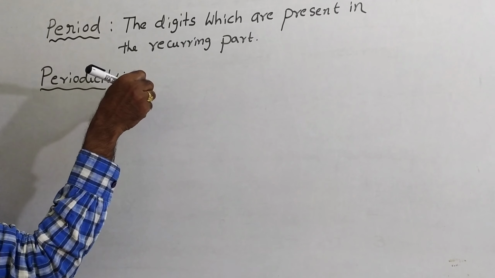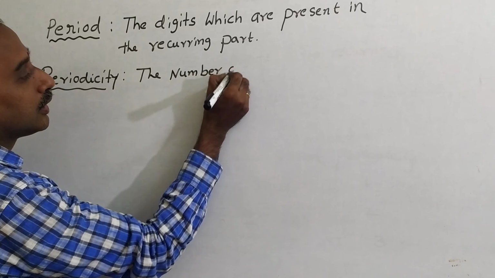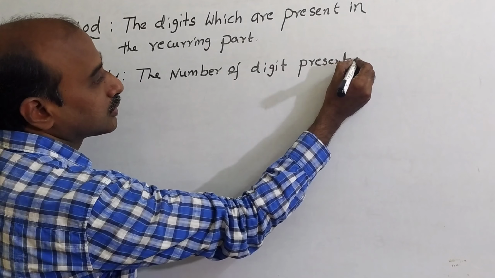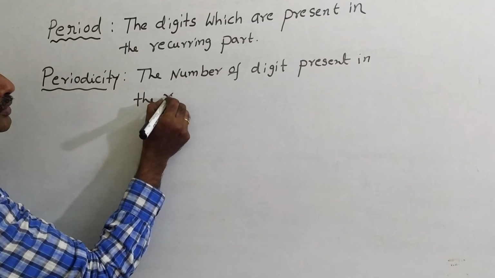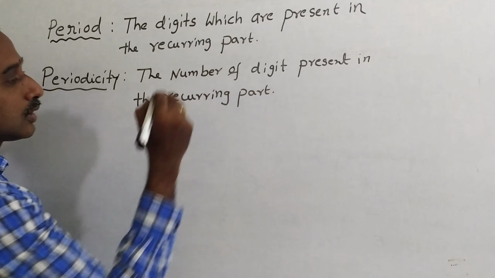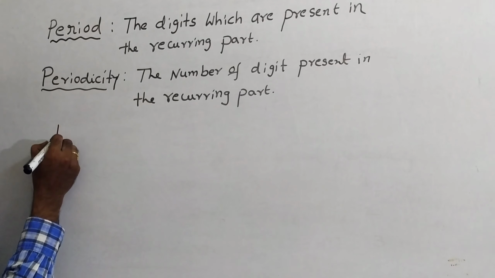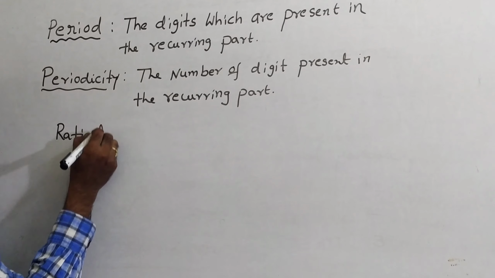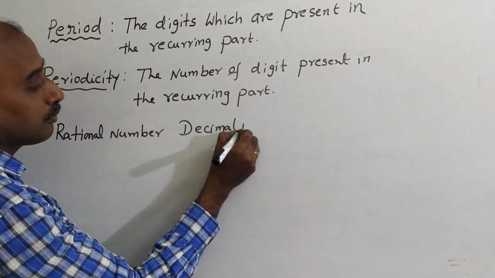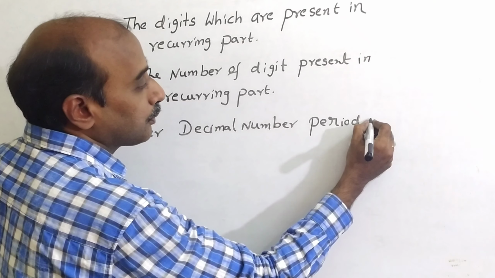The number of digits present in the recurring part. For better understanding, we can take some examples. Then it is very easy to understand. Now come to the rational number, decimal number, period and periodicity.